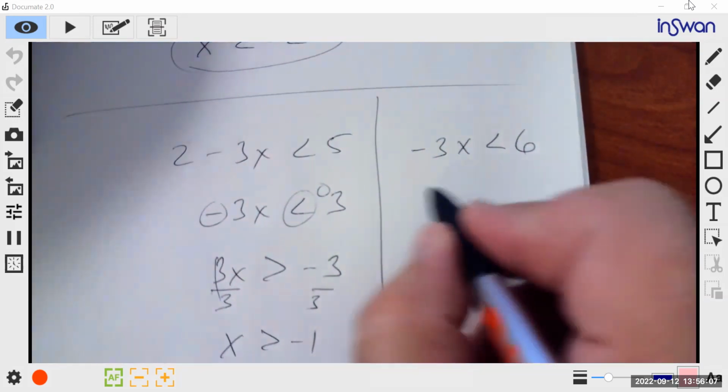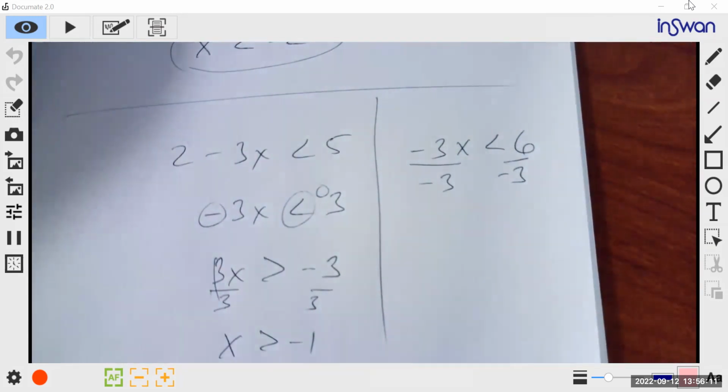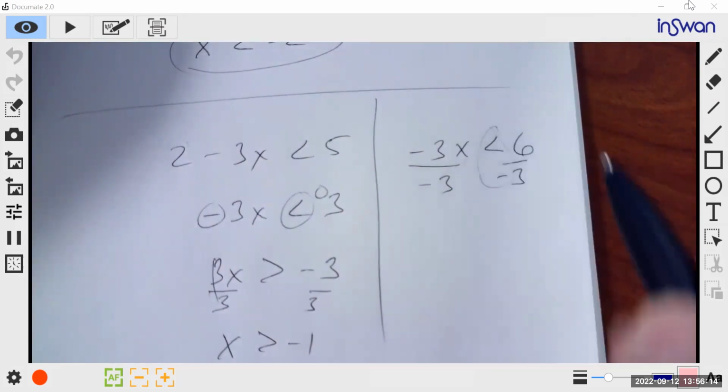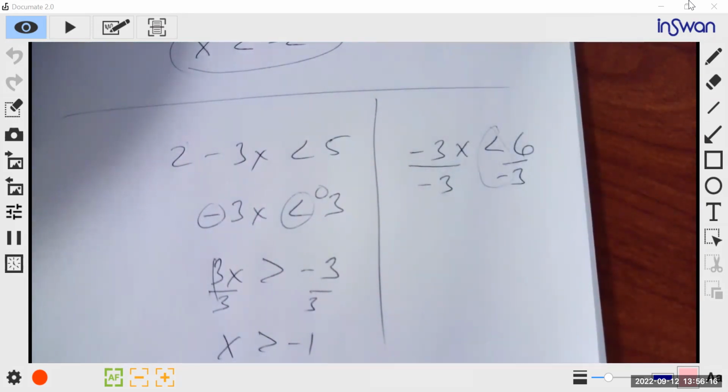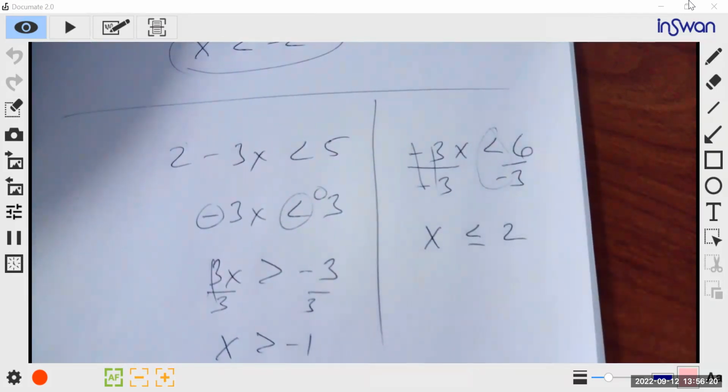Because what would happen if you decided to divide by -3, this could easily get mixed up. You see what I'm saying?